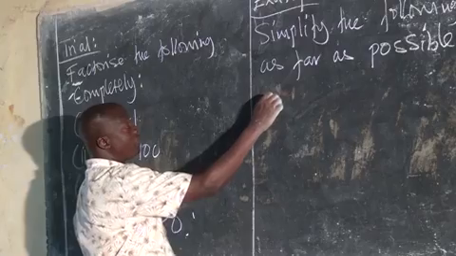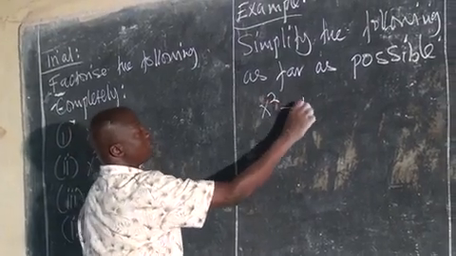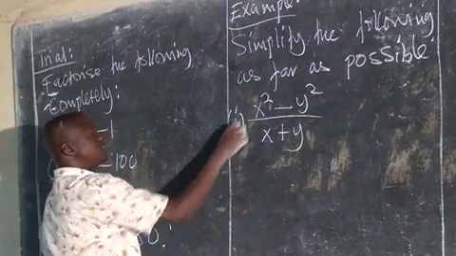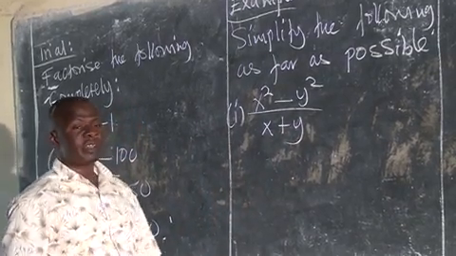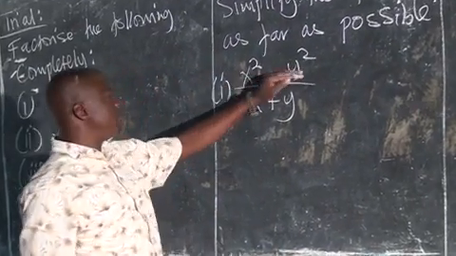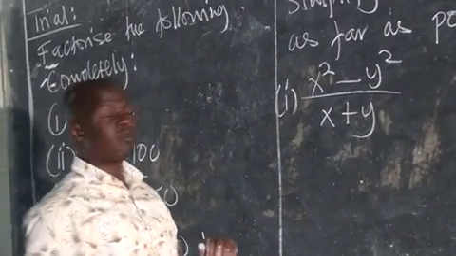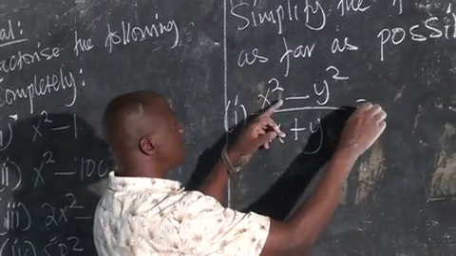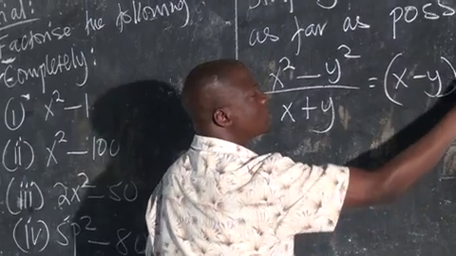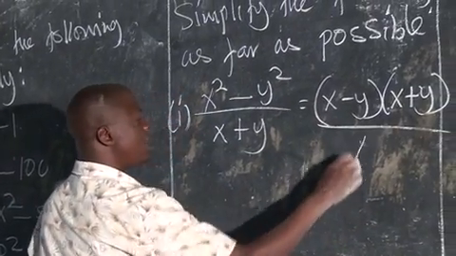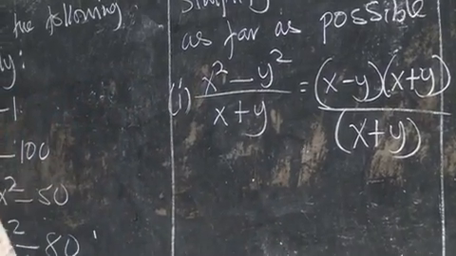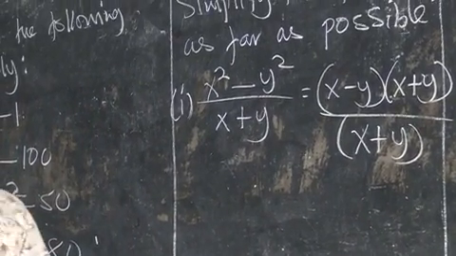We have x squared minus y squared over x plus y. I want us to simplify that. This one calls for difference of two squares, which we have already seen: it is x minus y, then x plus y, over x plus y. We can only leave it in that form.